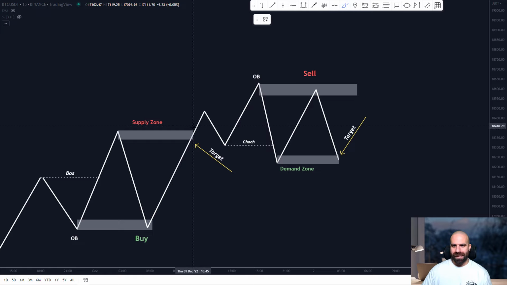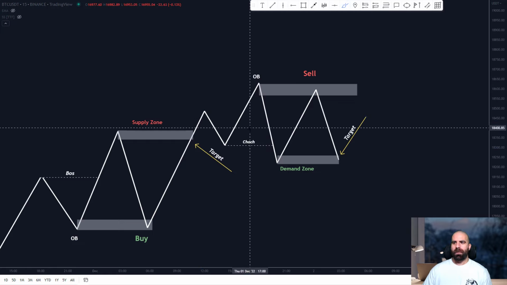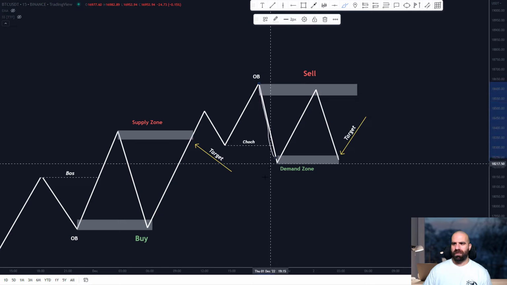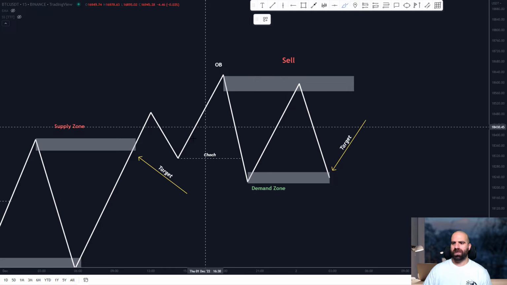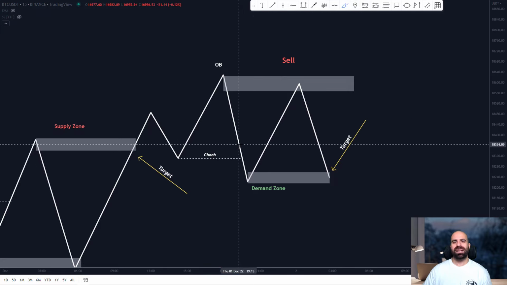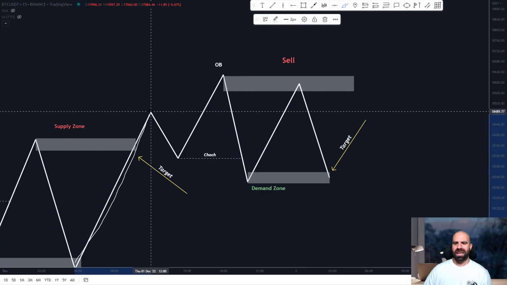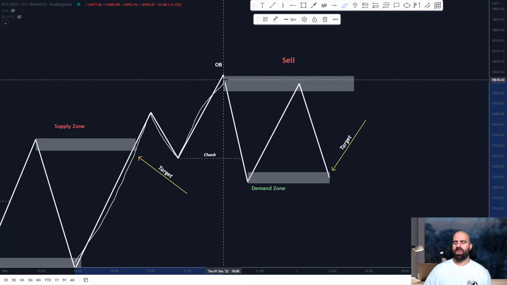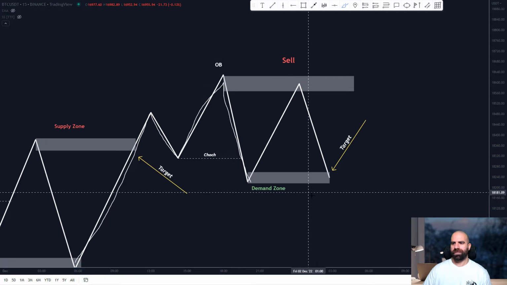So now what we can see, we continue breaking structure towards the upside. But at some point in time, by following price action, I see that price is not respecting this previous area right here, and we have the potential so-called change of character, where now instead of making higher highs and higher lows, we are making a lower low and a lower high compared to this one.